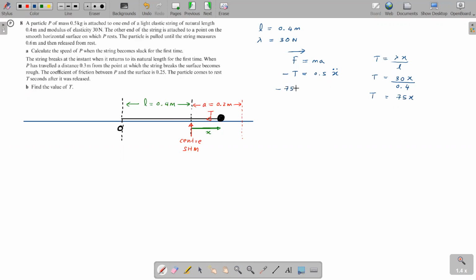So minus 75x equals 0.5 x double dot. So minus 75x over 0.5 equals x double dot. 75 divided by 0.5 gives minus 150x equals x double dot. Can you see? So this is the x double dot equation. Therefore, P moves in SHM.